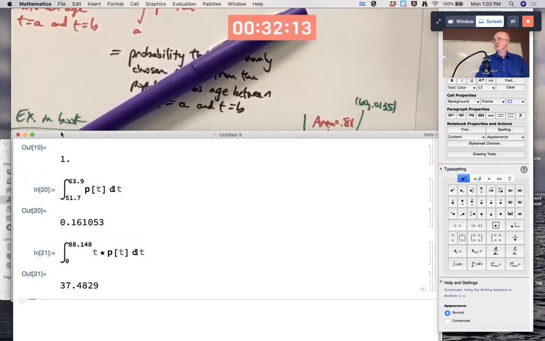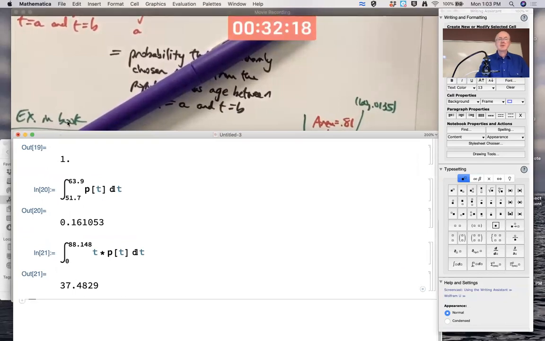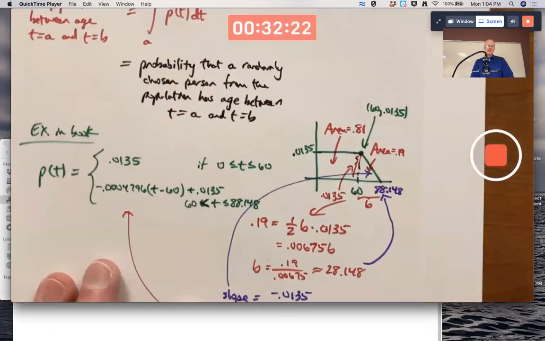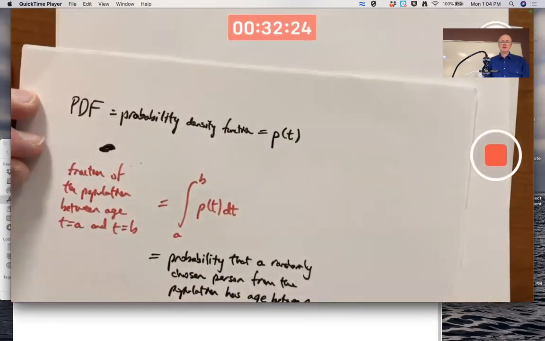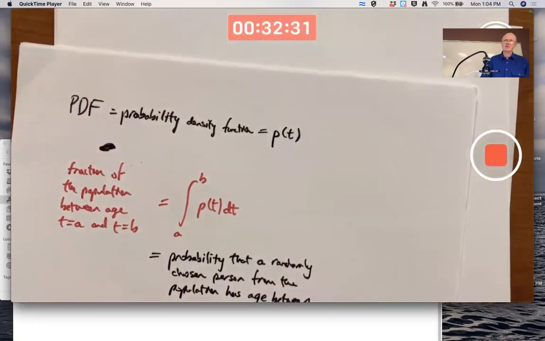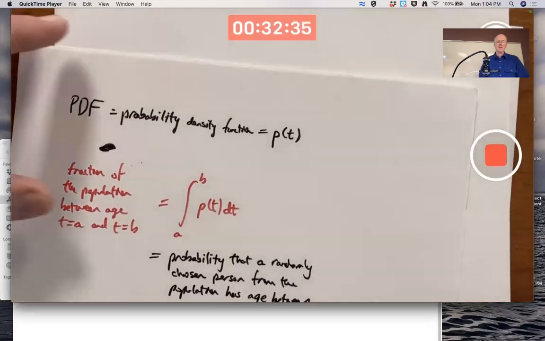Something else that's important as you read through section 8.7 and work on homework problems is a related concept called a CDF. This is the PDF, probability density function. CDF stands for cumulative distribution function. What is it?